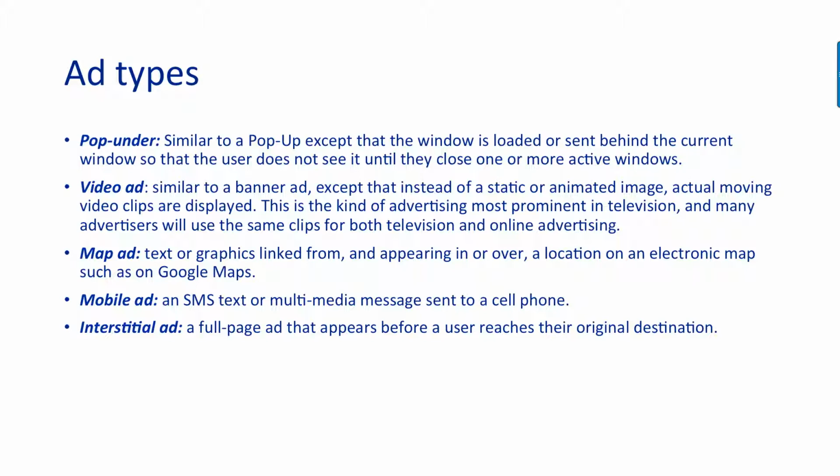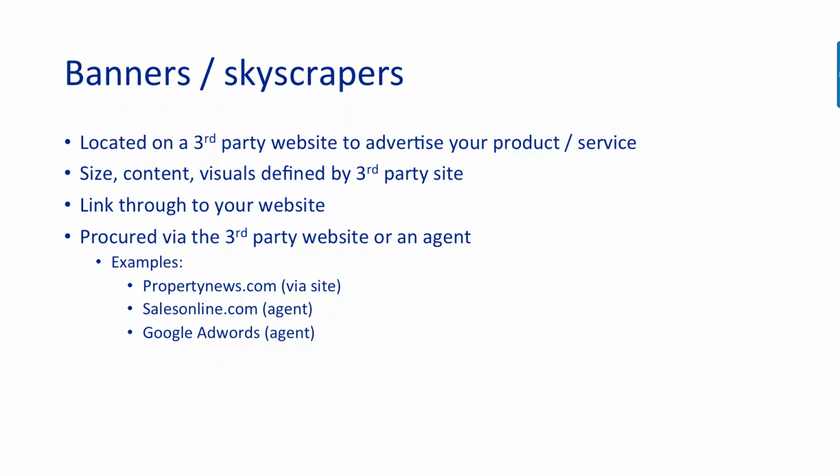An interstitial ad is a full page ad that appears before a user reaches the original destination, so an ad that appears in between your journey. You sometimes see them if you're on a travel website and you're navigating from one part to the next. There might be a transitional ad that appears in between.